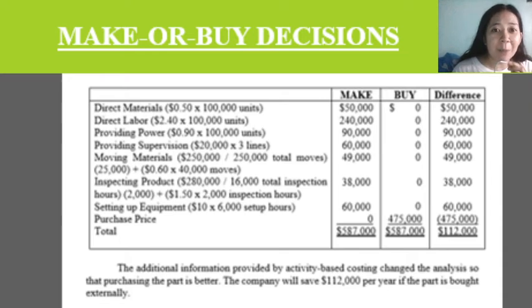Because if we will buy it from the outside supplier, our total cost is only 475,000. But if we will manufacture it in-house, the cost on the company will be 587. So see the change. Okay, if we will consider exactly the cost drivers under the ABC cost management system. Okay, so that's under the make or buy decision.